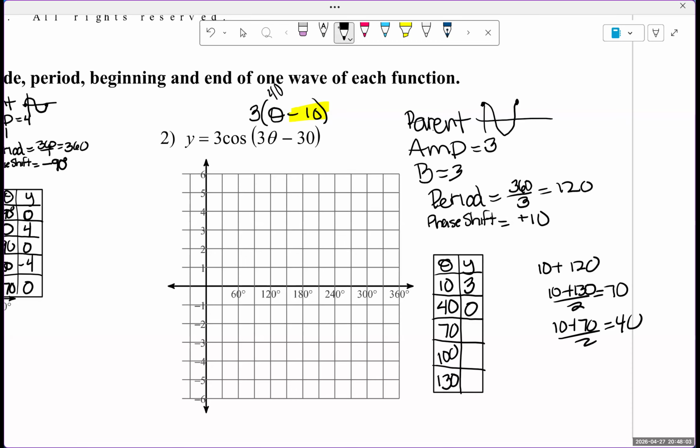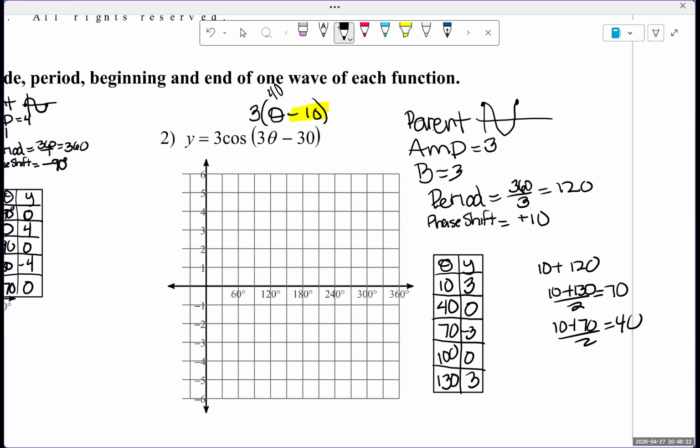Theta is 70, negative 3. 100, 0, and 130, I can guess, is 3.